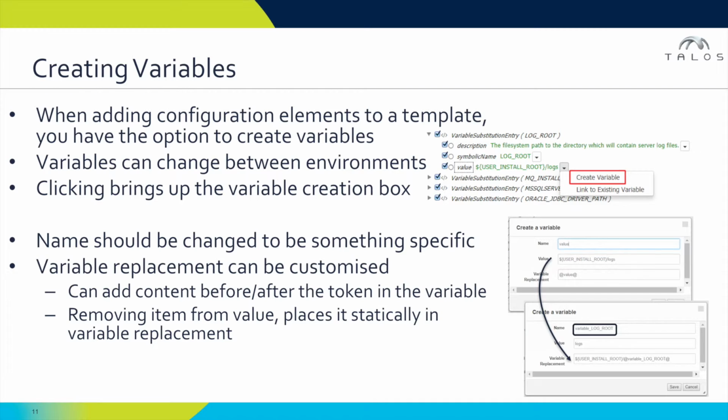So in this instance, we've removed everything before the word logs in the value section. By doing that, it's inserted into the variable replacement entry the user install root slash that existed before. And the only part that it will be changing between environments is that variable log root section.